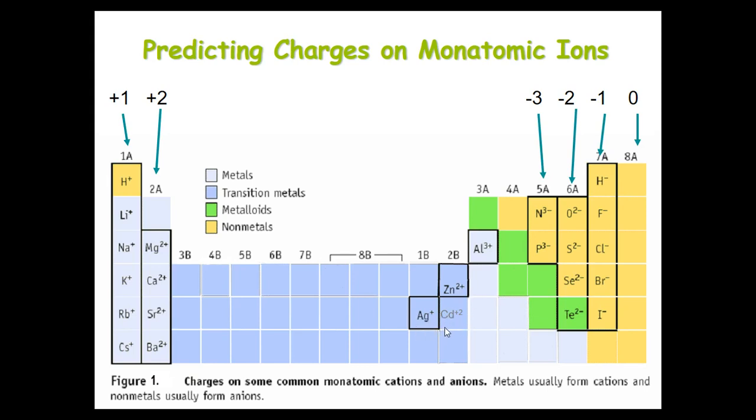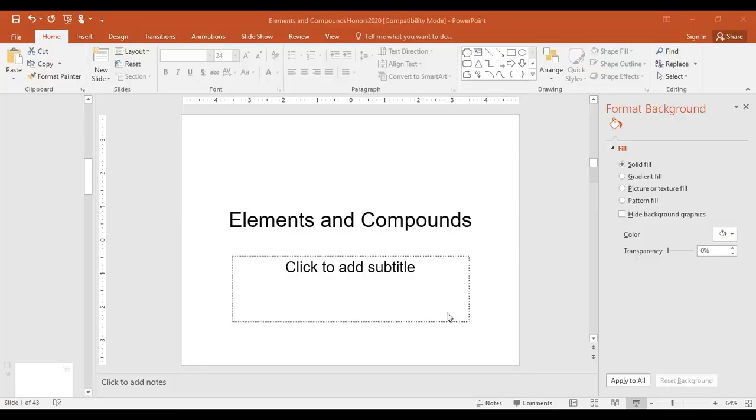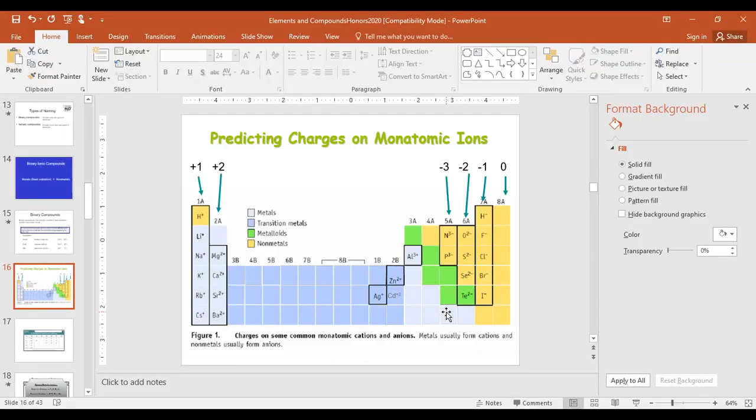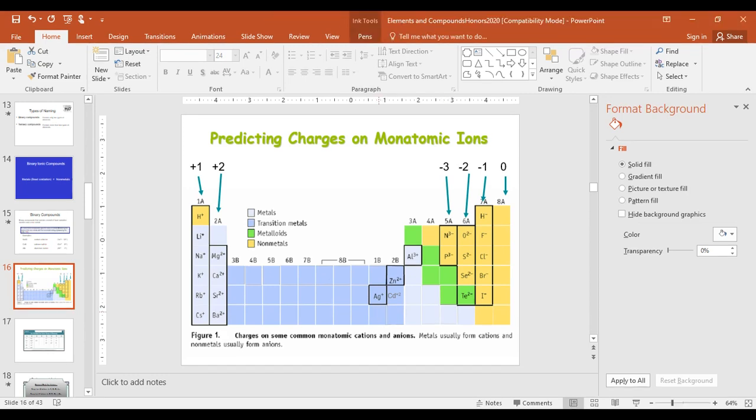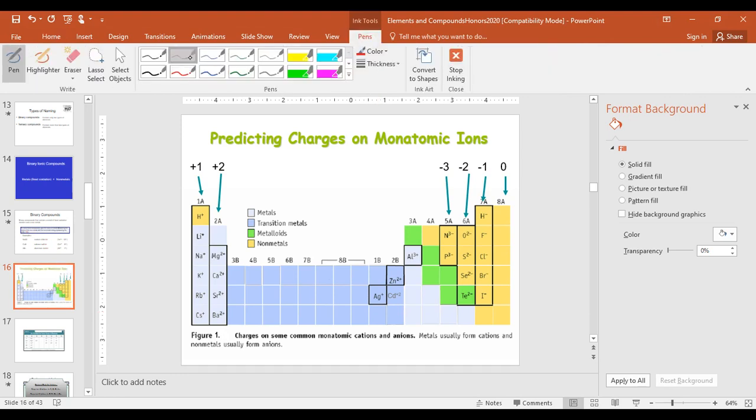We have silver with a +1 charge, and we have zinc with a +2 charge, and cadmium with a +2, and I'm just going to add one more, which is gold. So let me just write that in here, Au, which will also be +1. Now you also notice that here we have aluminum, which has a +3 charge. So those are just important to remember, those common charges.